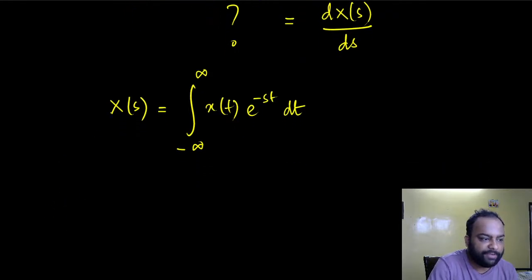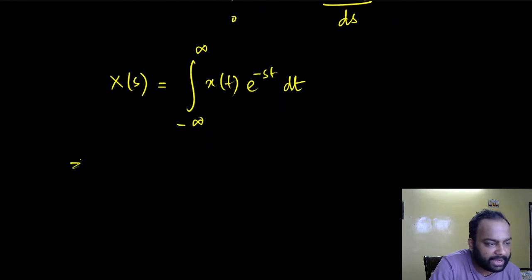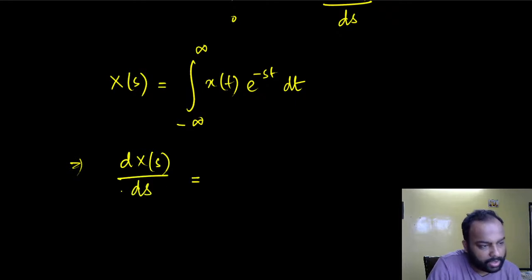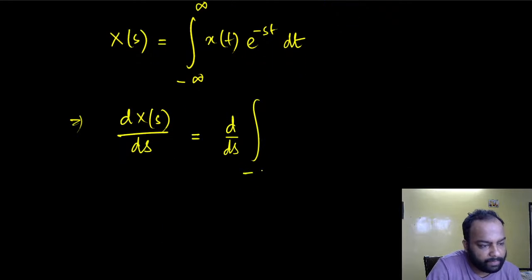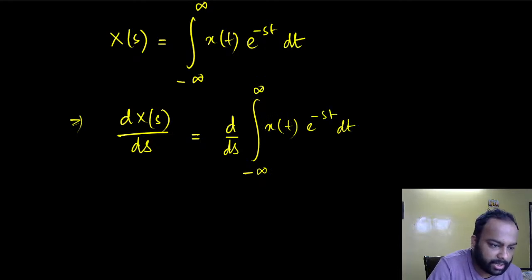If we differentiate the left hand side with respect to s, we get this one. Differentiating with respect to s, that goes to the right hand side, and it becomes the integral from minus infinity to infinity of x(t) e to the power minus st dt.